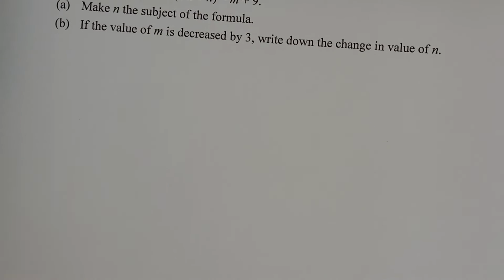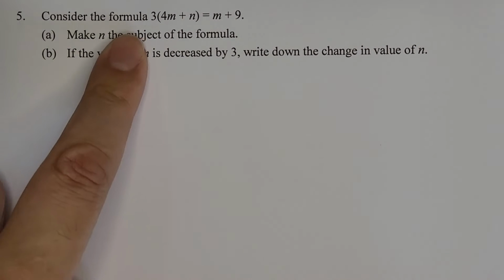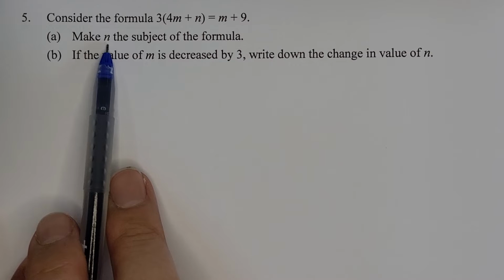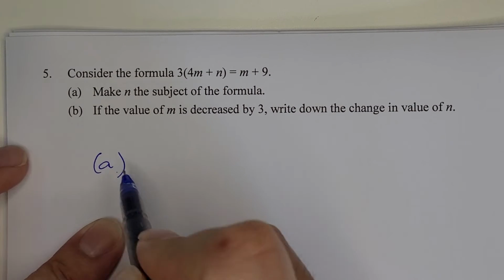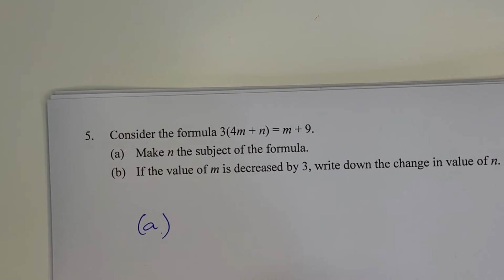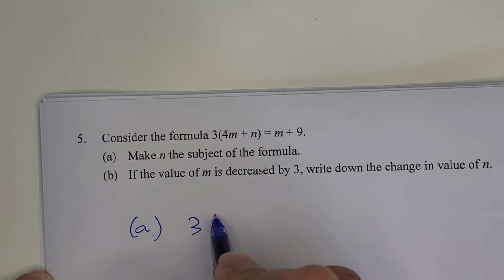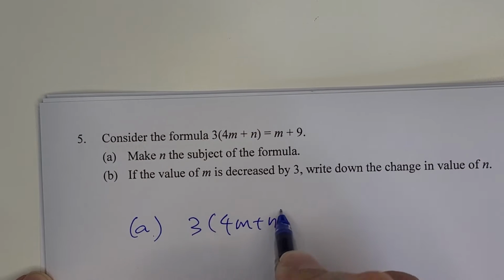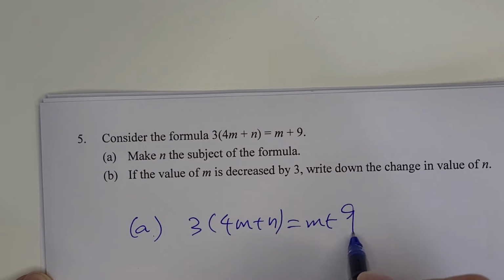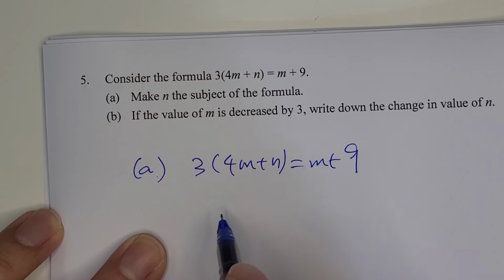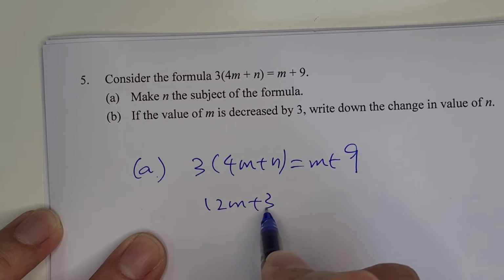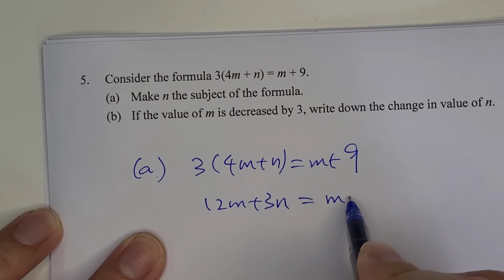So go to question number 5. Consider this formula, make n the subject of the formula. So quite straightforward. So part A, there should be 3 bracket 4m plus n equals m plus 9, and then multiply 3 inside the bracket, then you will have 12m plus 3n equals m plus 9.